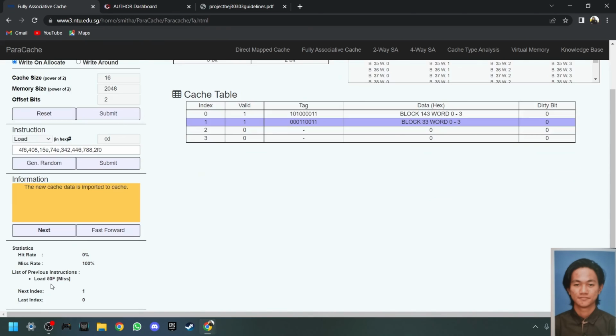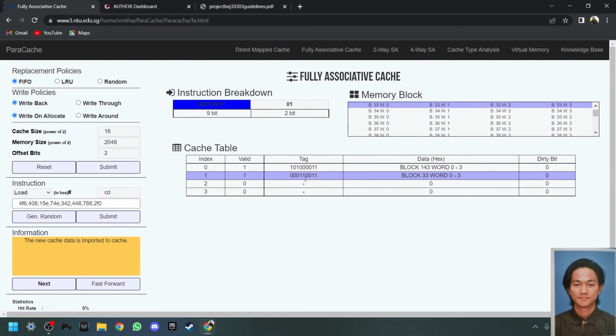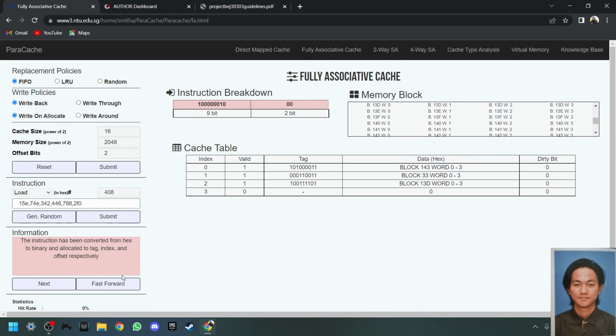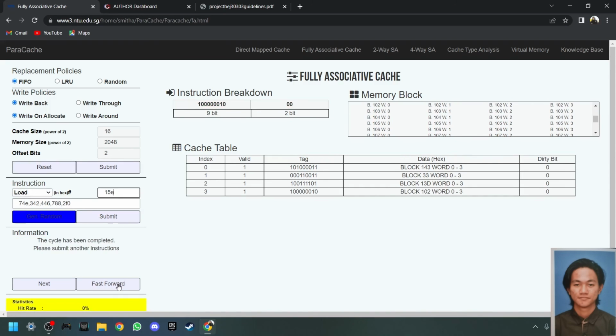And then the next one is stored here. Then the next one should be stored here. And the next one should be stored at the index three. Yeah, that's basically it. It's kind of the same as direct map, but it can be stored in any cache block.